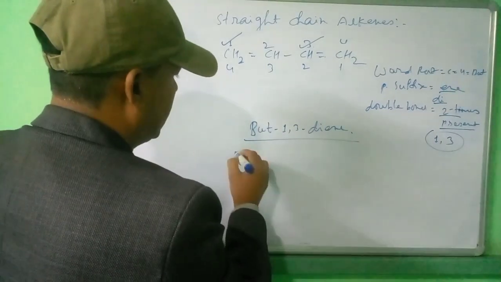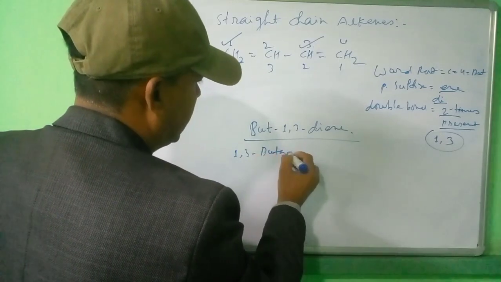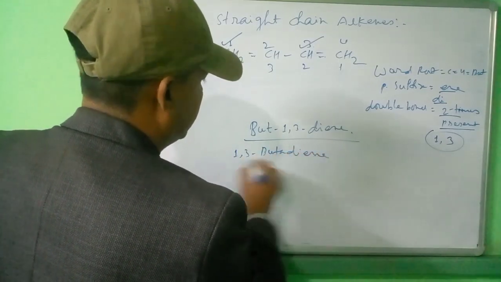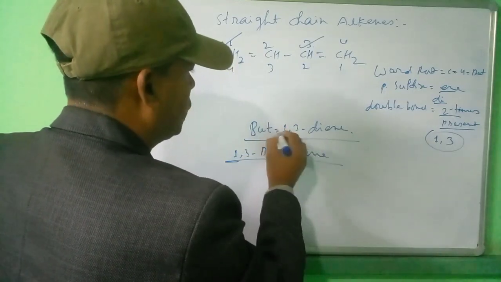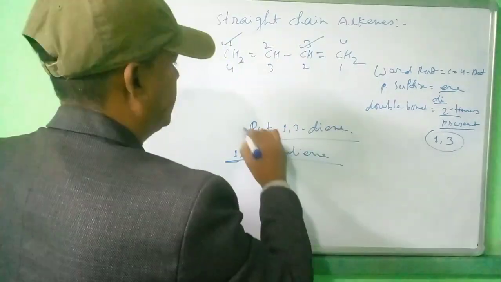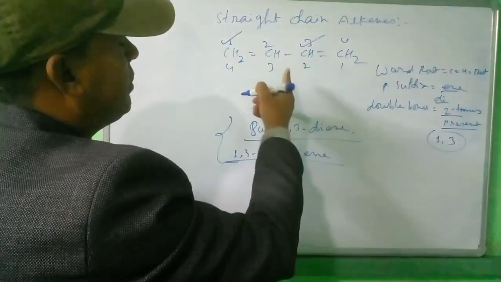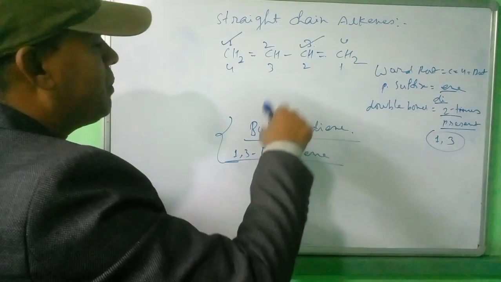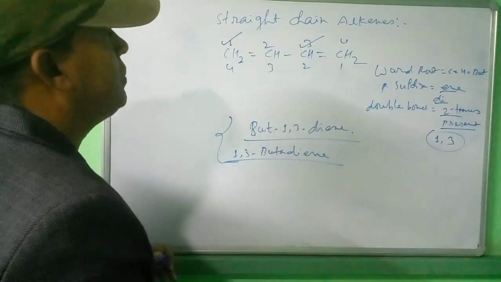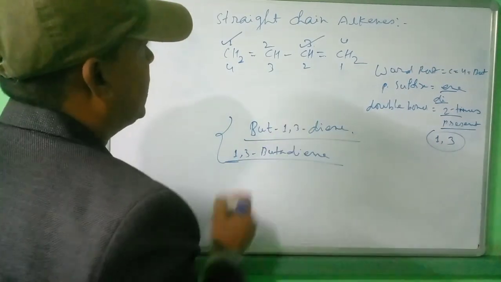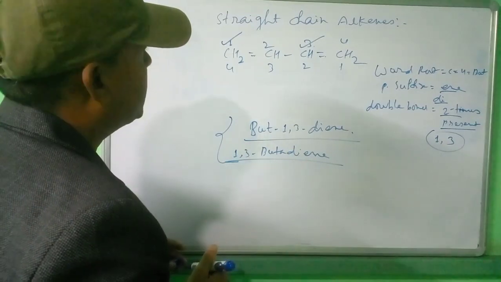Also you can write 1,3-butadiene, this way 1,3 dash butadiene, or but-1,3-diene. Both ways are correct. If the compound has 2 double bonds, if 3 are present, triene; 4 present, tetraene. This type of term can be written in the case of a compound having more than 1 double bond present in the compound.